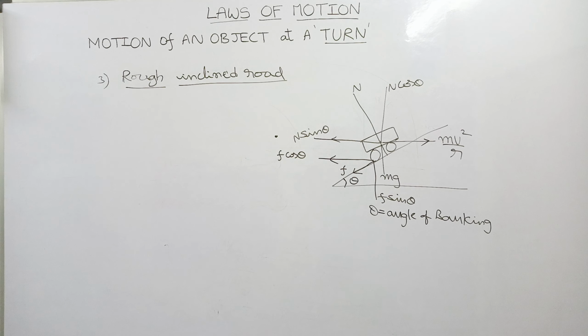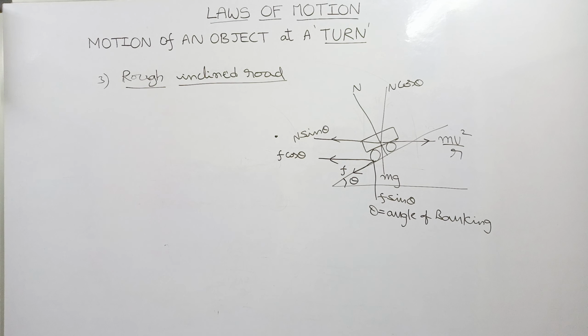Okay, so in case 1, this is the case where the object is moving on a rough inclined plane. So here we are calculating the velocity limits for that. Here we may observe two cases.